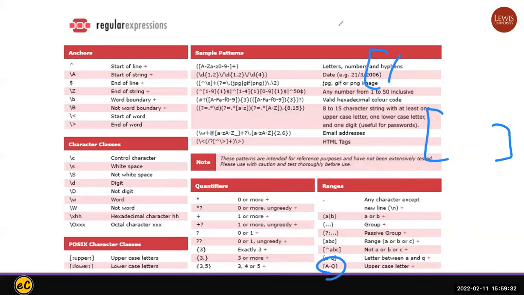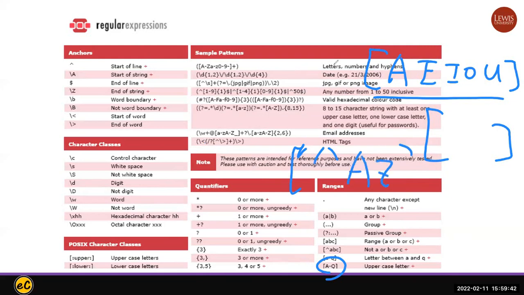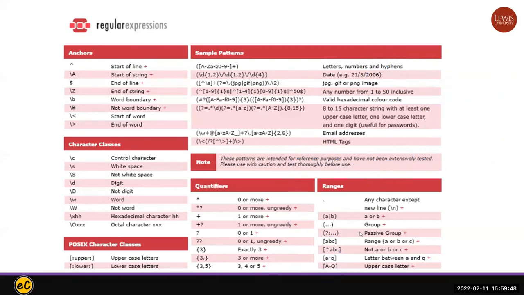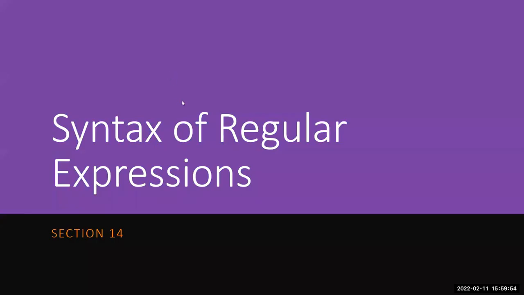And you can have the set a, e, i, o, u for vowel sounds, okay? That's a set. And if you have the caret, it means no a, no g, okay? This one is the inverse of that: any letter, any symbol, but not a and g, okay? So this is a quick cheat sheet for it, okay?